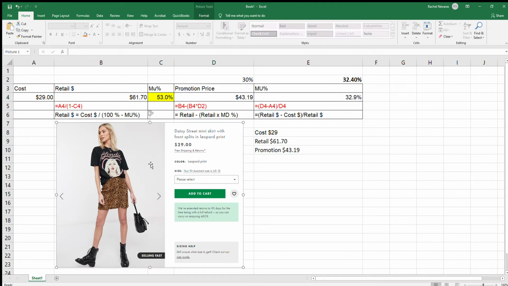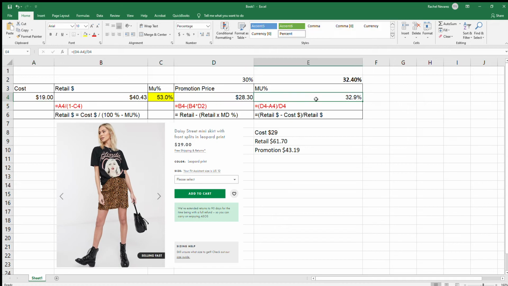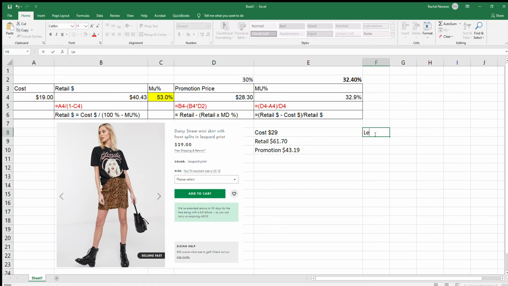So then let's say I'm going to do this t-shirt, and let's say this t-shirt costs $19. Now I could plug 19 in here, and all of this is going to change. Again, I'm okay at a 53% markup. It would retail for $40, and if I put it on sale for $28.30, I would still hit my markup.